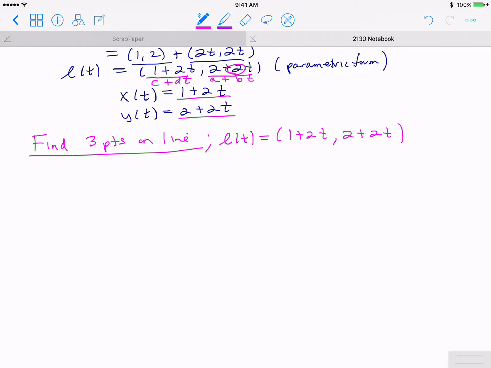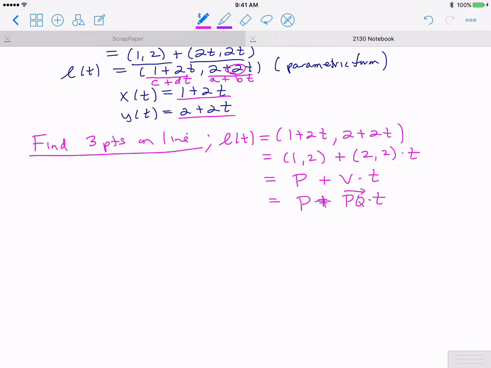Here's our line in parametric form, but we also realized that it was in vector form, (1, 2) plus (2, 2) times t. So there's our point plus our vector times t form. This is of the form p plus v times t, where v is the vector from p to q.